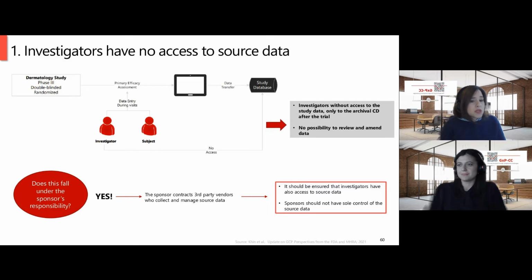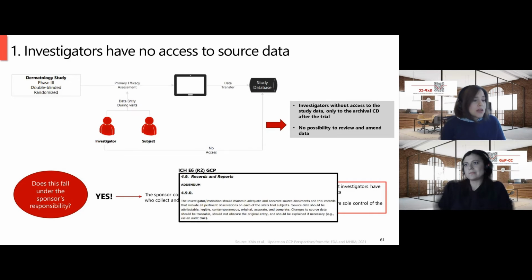And they are responsible if they use third-party vendors for the management of their trials or the setup of the devices of the trials, to make sure that the investigators have access to the collected source data at all times, so that they can go and make changes when possible, when needed.